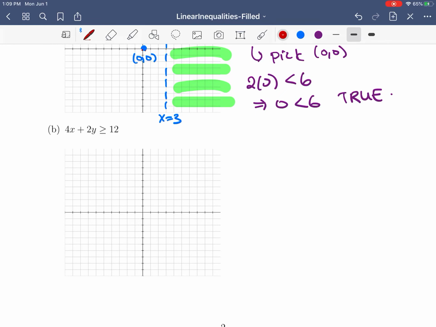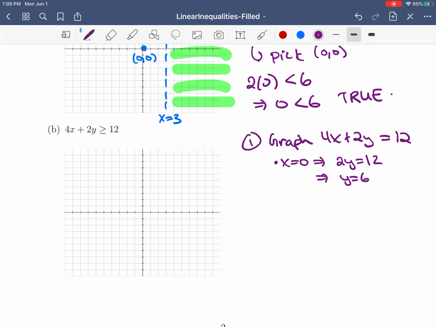Okay, let's try another one. So we first want to graph 4x plus 2y equals 12. So you could turn this into slope-intercept form, or we can just find 2 points. Okay, so when x is 0, I have 2y equals 12, which means that y is 6. So we have the point 0, 6. And when y equals 0, I get 4x equals 12, which is the same as x equals 3.